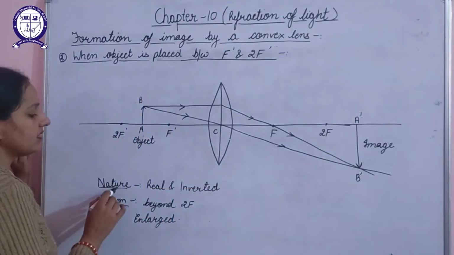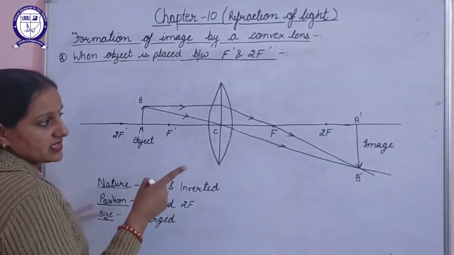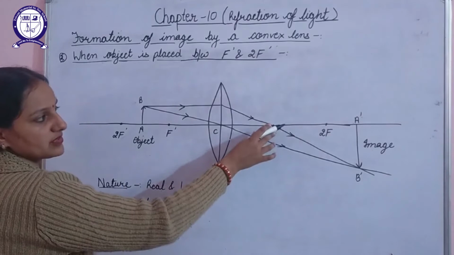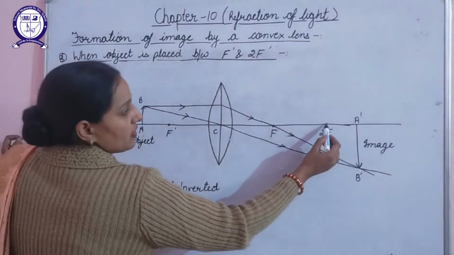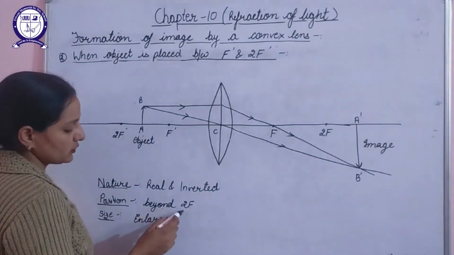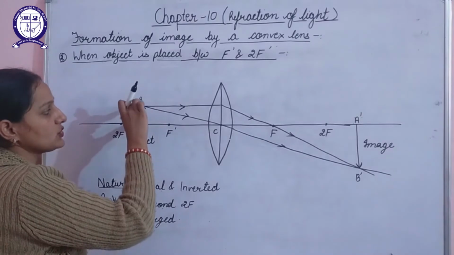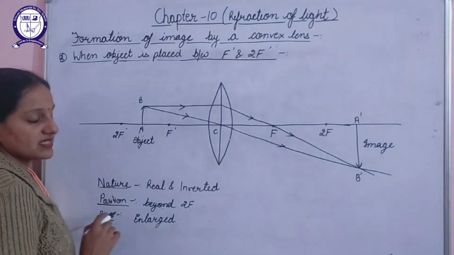So we can say that the nature of image here will be real because the rays are actually meeting, and inverted because the image is formed below principal axis. Position, as the image is formed behind this 2f, so we can say that the position of image will be beyond 2f, and size, in comparison to the size of object, the size of image is enlarged. So the size is enlarged.